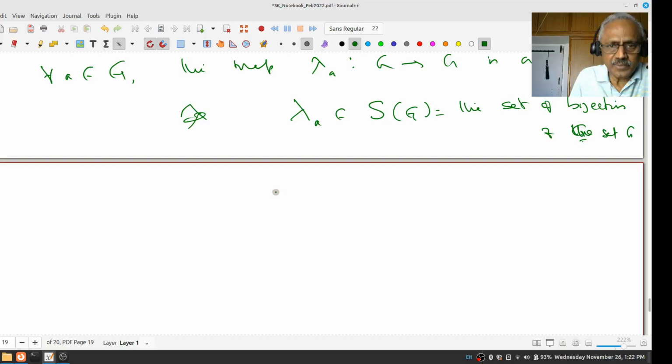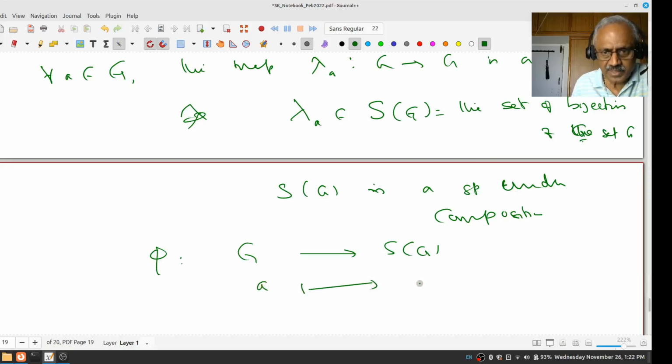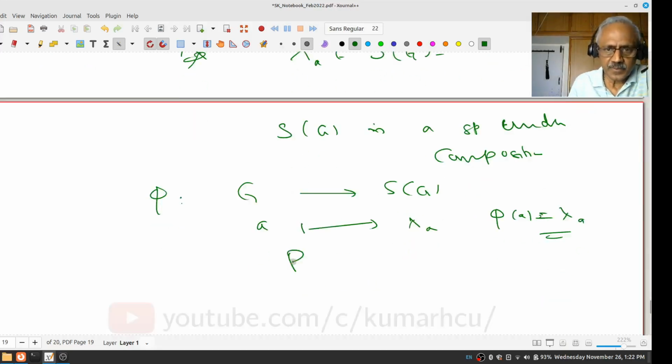Now I know S sub G is a group by itself under composition. Therefore, I have a map phi from G to S of G. What is the obvious map? Take any element A. Where does it go to? It goes to lambda A. That is, phi of A is lambda A. Okay, pause, review, proceed.